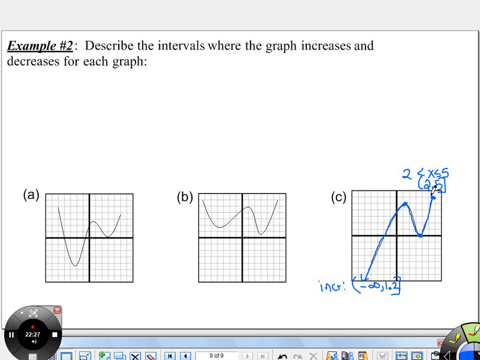Again, I'm listing x values. Those points correspond to what x values on the axis? From 3.5 to 5.5. For those x values, again, the graph is increasing. Is that okay with everybody? So again, I say, okay, from 3.5 to 5.5. And since we're not using infinity this time, we'll use both brackets.